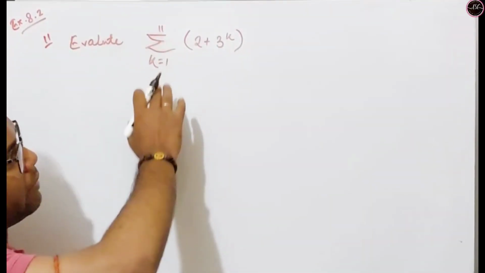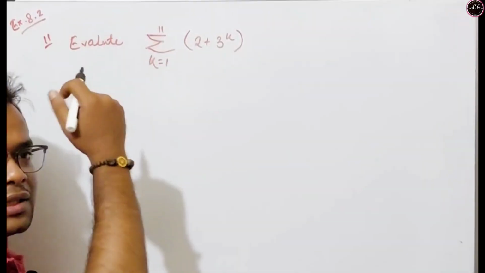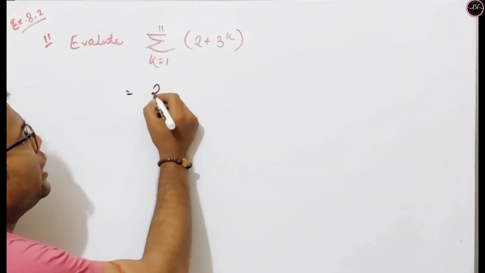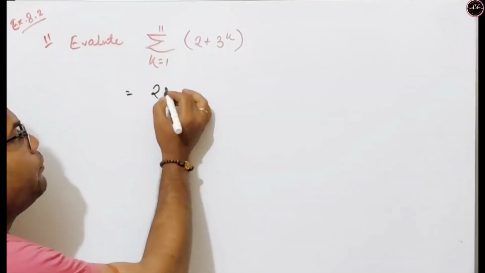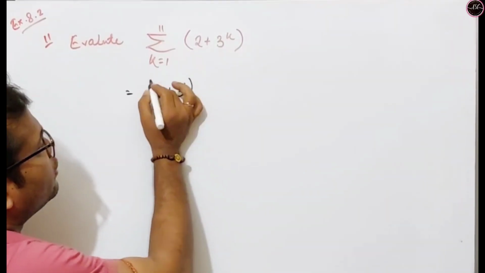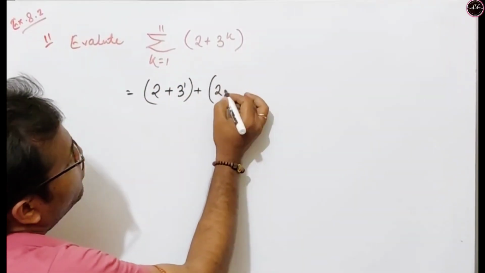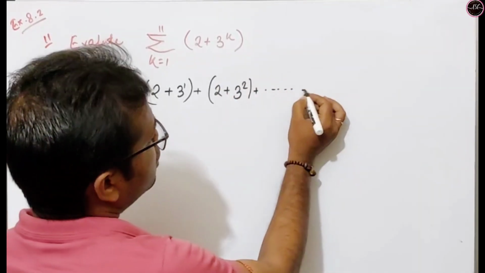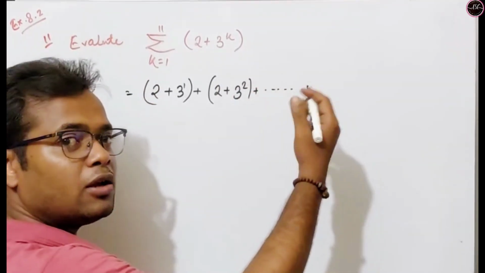Then look at this question. Evaluate summation k equal to 1 to 11 of (2 plus 3 to the power k). So just put the values as sum. We put k equal to 1, so 2 plus 3 to the power 1, plus k equal to 2, that means 2 plus 3 square, up to the value of k equal to 11.